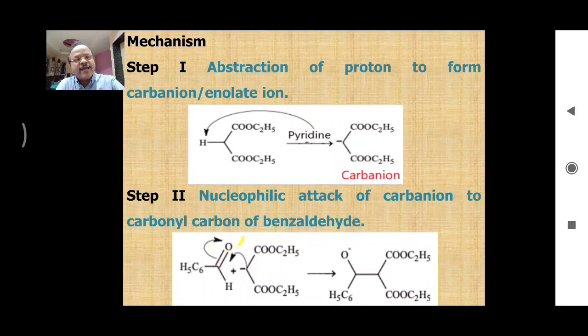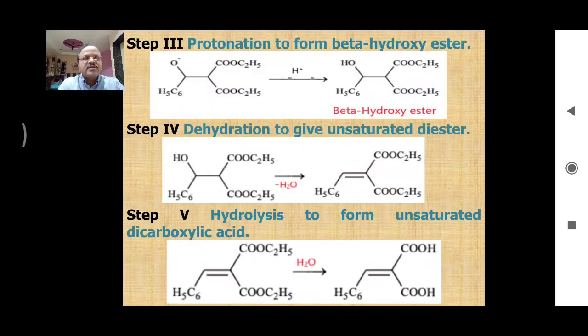So O minus, this C plus forms the bond with this C minus, and we are getting this anion. This is the nucleophilic attack in the second step of the carbanion on the carbonyl carbon of benzaldehyde. In the third step, the anion that is obtained in step number 2 gets protonated.